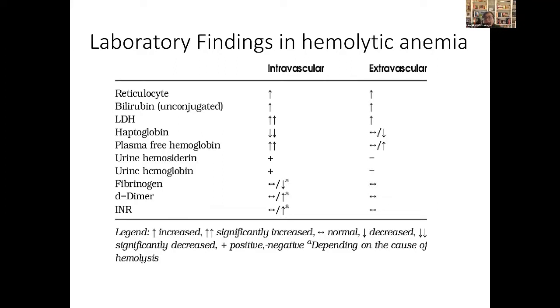The haptoglobin is always decreased in intravascular hemolysis, as I've mentioned. It's very sensitive to even a small amount of blood hemolyzed, and it's generally decreased in extravascular hemolysis as well, but occasionally it can be normal, and that's very important to know, that sometimes when you have a low-grade extravascular hemolysis, you may not pick it up with a haptoglobin.